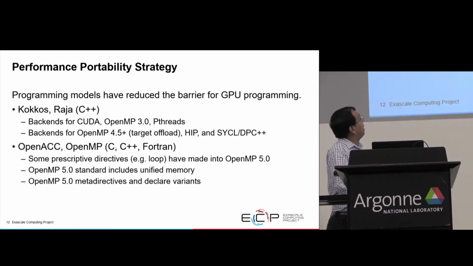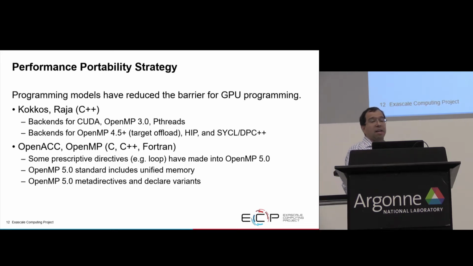I will also say that OpenACC, which we have a lot of in E3SM, has also reduced the barrier for using GPUs. So instead of writing CUDA, we can write OpenACC in a very similar manner to OpenMP code that many of you are familiar with. The other nice thing about OpenACC is that it is descriptive, not prescriptive.